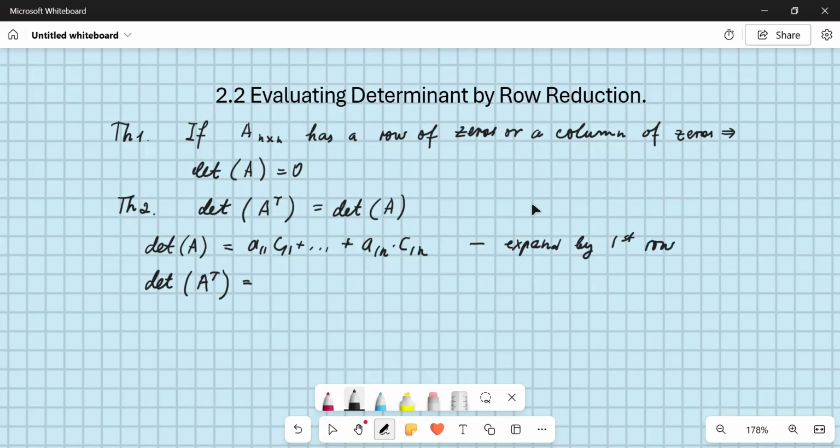So I'm going to get again A11, C11 plus all the same elements up to 1n, C1n, expand by first column.